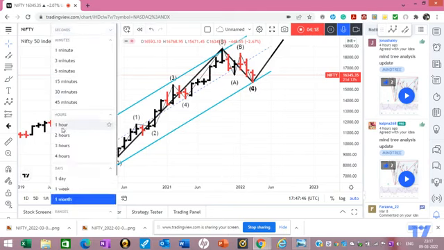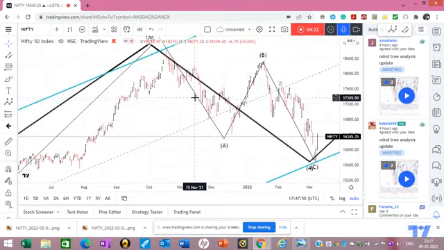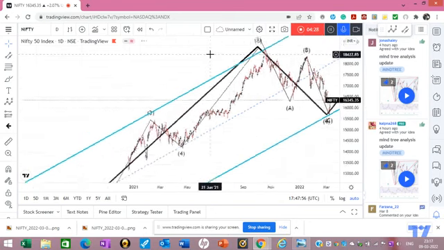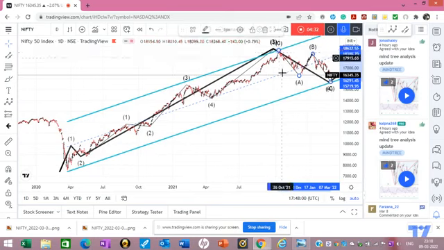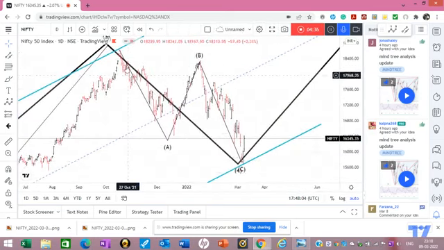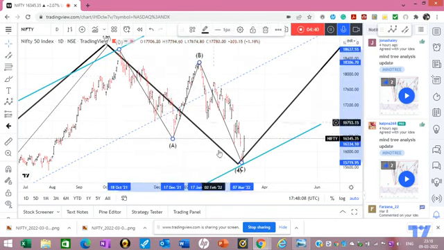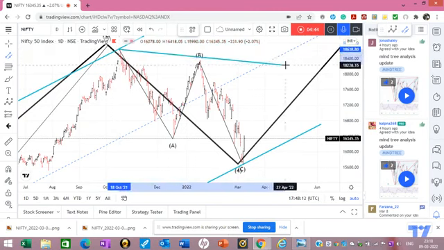Now let us come to the daily chart. Now this is a price move, counter trend: 1, 2, 3. So these are corrective waves.